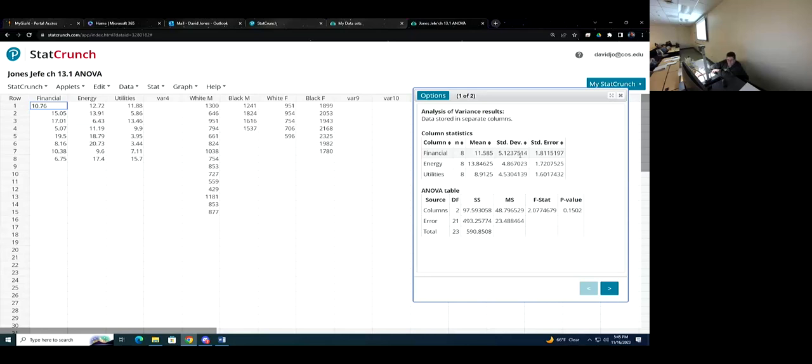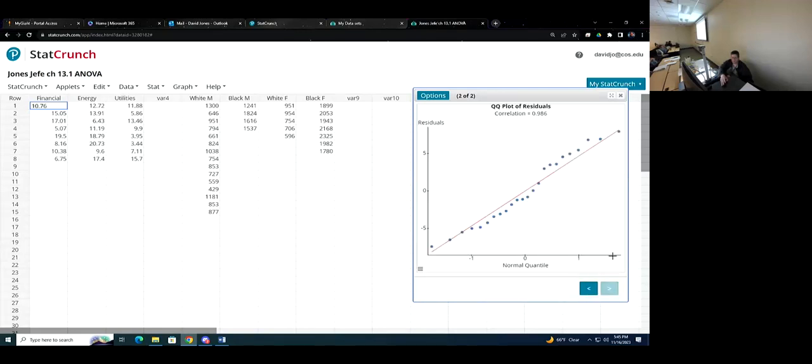My P value is 0.1502. Alpha was given as 0.05. While we're here, I'm gonna check the QQ plot real quick. Those all look like they're in a pretty straight line, and that correlation statistic is really high. I should fill out the critical value table and check, but I'm feeling pretty good about that.